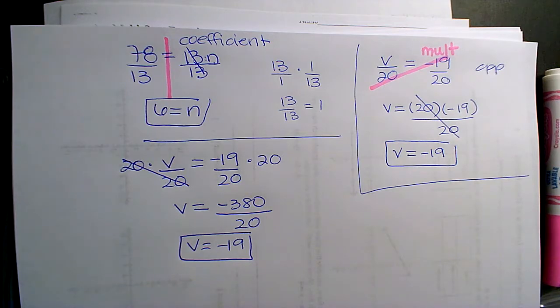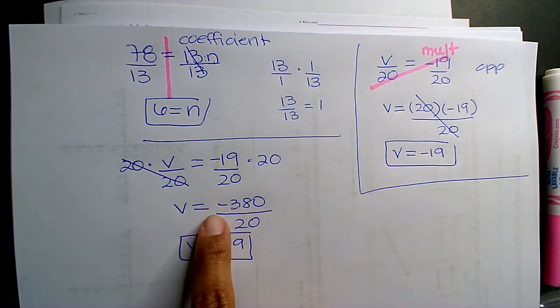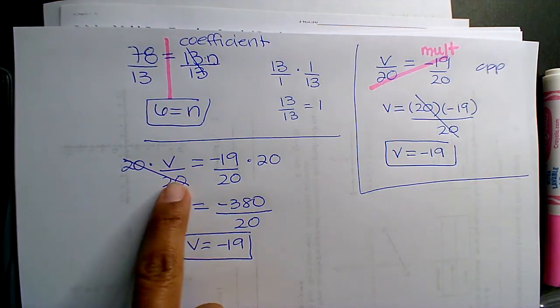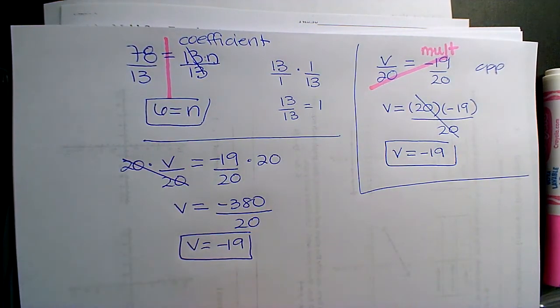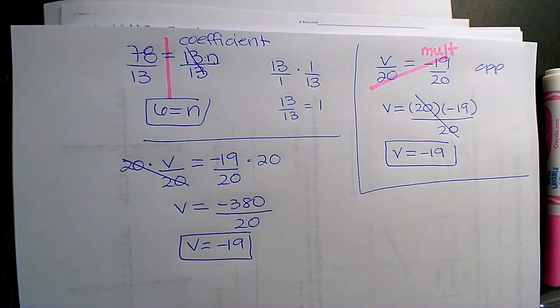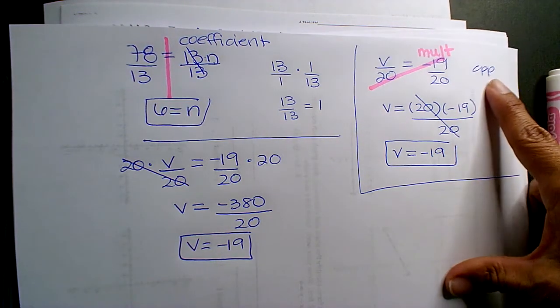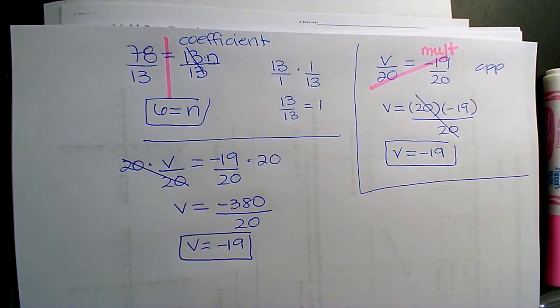If you happen to do it the first way here with the cross product property, but then they did more reciprocal and then multiplied that reciprocal to both sides, it's just as accurate. It's just as perfect. This is just more algebraic solving skills. This is just straight cross product property, and that's like what you did last year with all your trig and dilations and similarity.